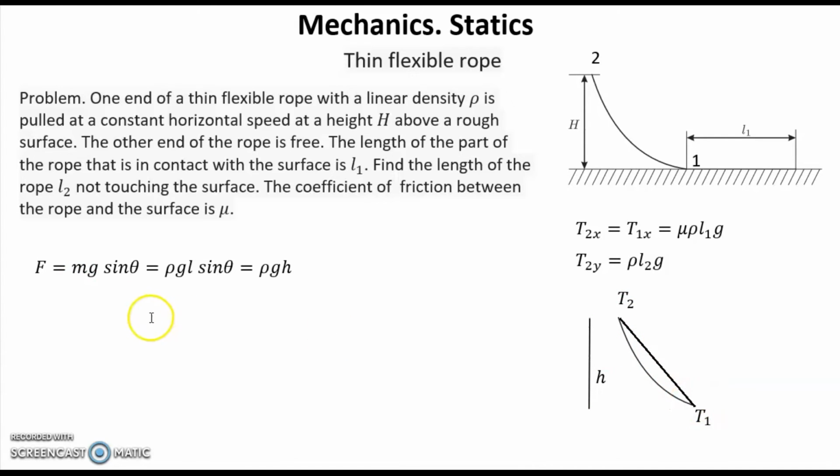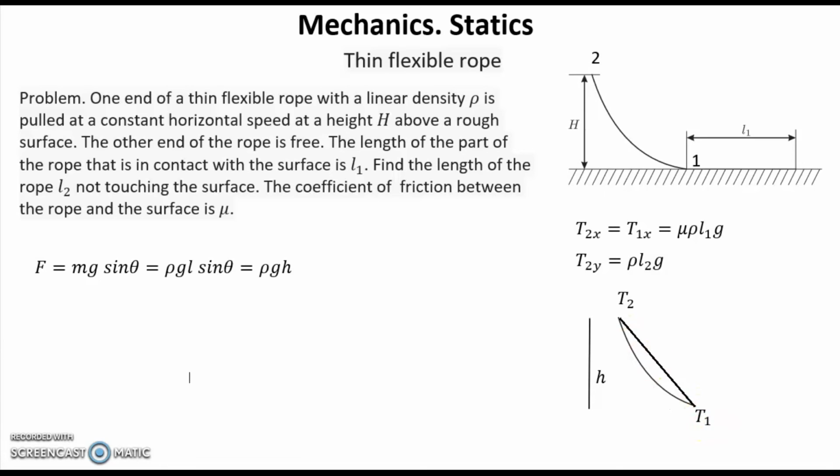From other hand, mass m equal rho multiplied by L. L is length of this part of rope, and L multiplied by sine theta, that's exactly the height difference between these two points. So this is our formula, and this force exactly equal to difference between tensions in high point and low point.